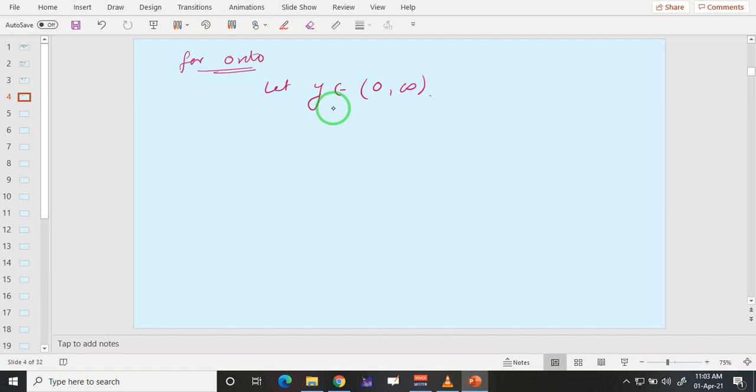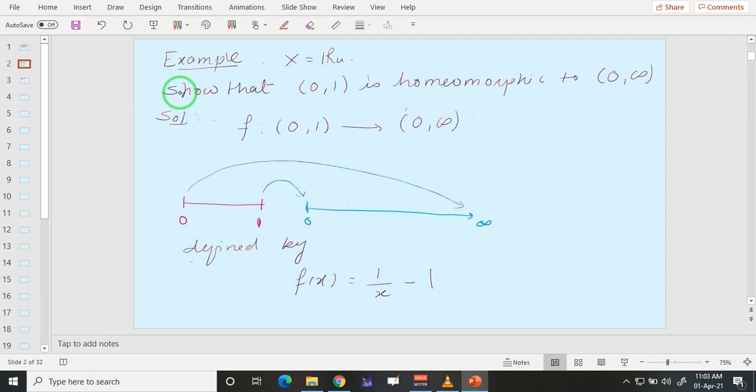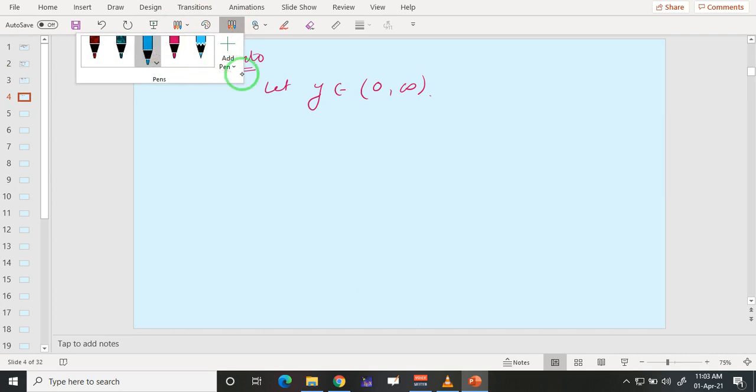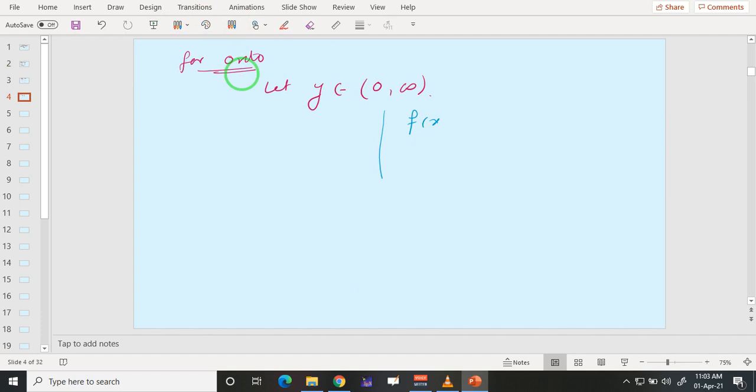We need to show that there exists some x in our domain. So that means there should exist a number from 0 to 1 such that f at that point should be equal to y. Okay, and for that let us take a part this side. So for that let us assume that f(x) equals y.